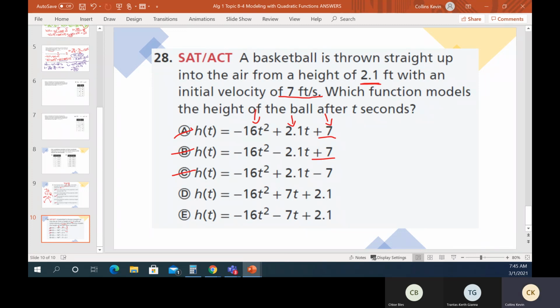Yeah, we're going to go with D. Good. So see how we figured that out? We just said, okay, well, we got our initial velocity, so that goes with the t, so that was +7t. And then the other one was a height of 2.1, so that's +2.1. That's the only one that fits the bill. Good.